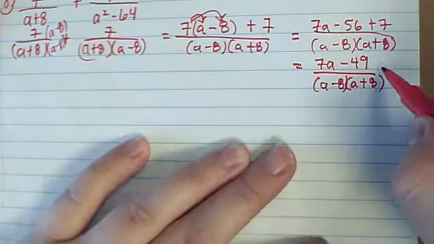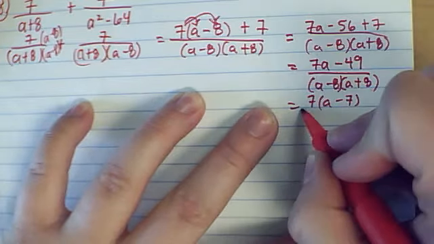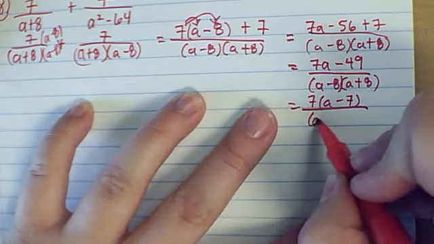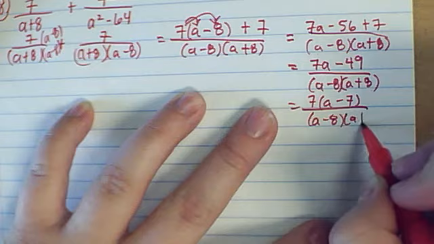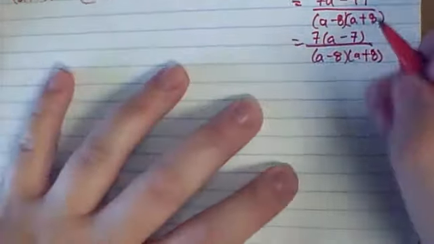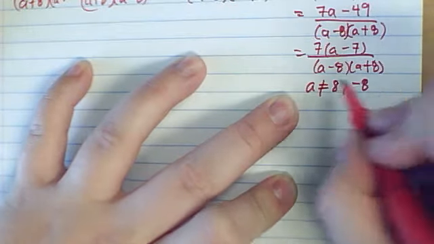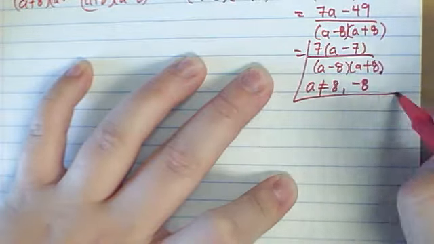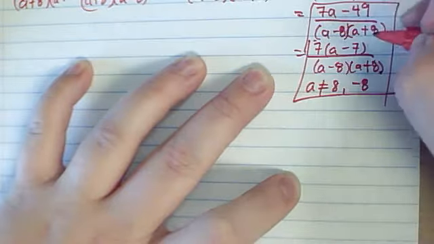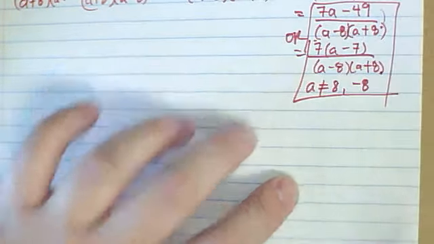I could go ahead and factor out a 7 if you want. If you don't, it's not that big of a deal. I would not count off if you left it as 7a minus 49. And my restrictions are 8 and negative 8, because that's what makes my denominator 0. So, again, it can be this form or this form, and it will be just fine.